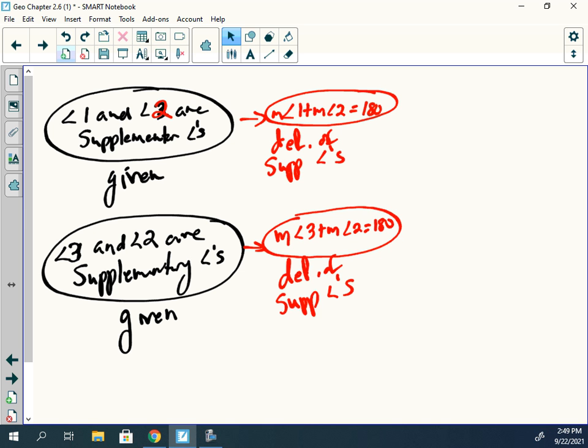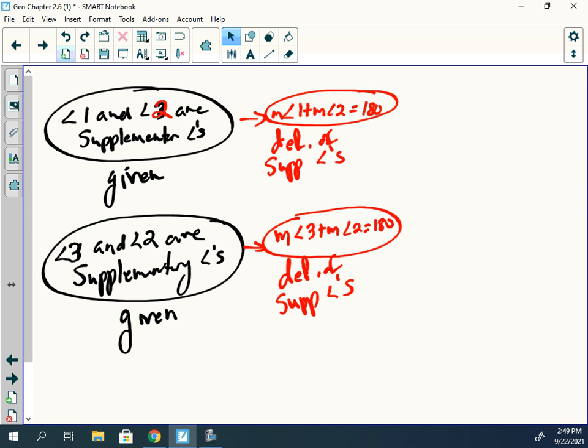And again, they have that right there in the 2-column proof, yes? Because nothing we've done so far has been too different from the 2-column proof. Now, what's the next statement in the 2-column proof? Well, the measure of angle 1 plus the measure of angle 2 is equal to the measure of angle 3 plus the measure of angle 2, yes?